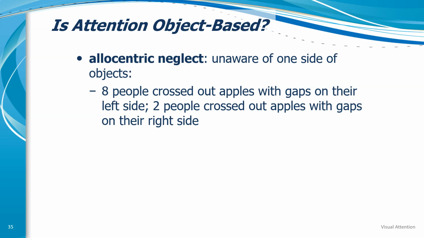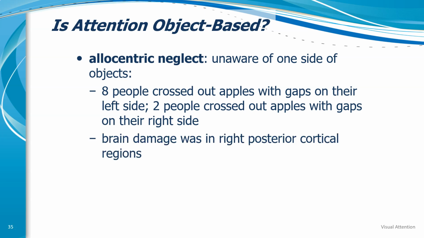That's not what they're supposed to do. They're supposed to cross out whole apples. They're neglecting the left side of the apple. 2 people had the opposite. They crossed out apples with gaps on their right side. Again, identifying these people and looking at where the brain damage was, for these people, generally the right posterior cortex.